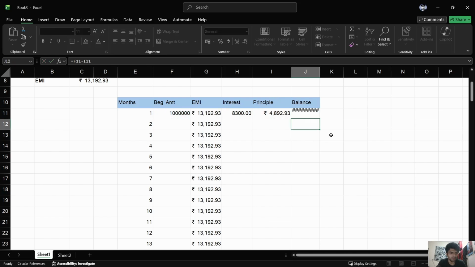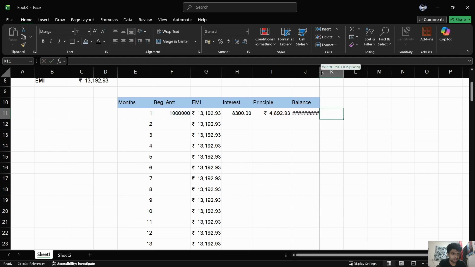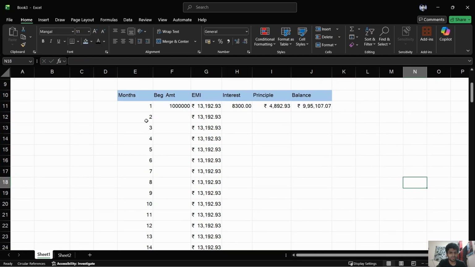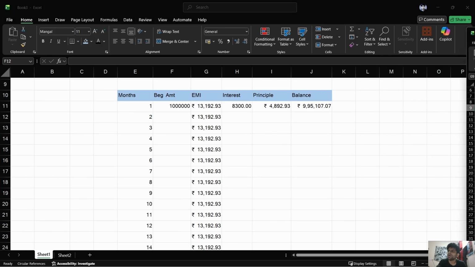The cell size is a little bit small. Now we can drag it down directly. We will have to do it for a couple of rows, and then we can probably drag it down easily so that there won't be any issues.